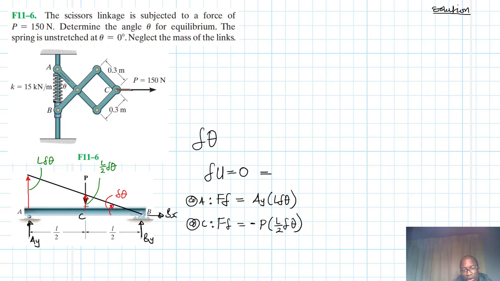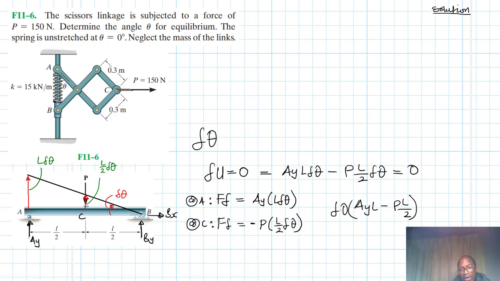This is going to be equal to AY times L del theta minus P L over 2 del theta equal to 0. If you factor out the del theta, we'll have AY L minus PL over 2, times del theta, equal to 0.